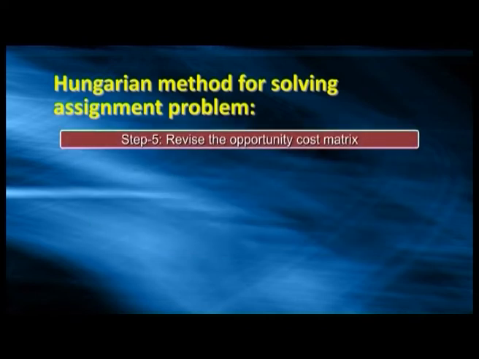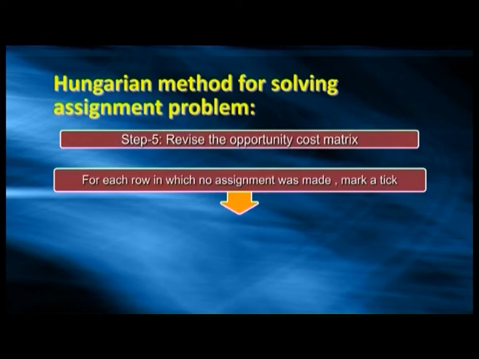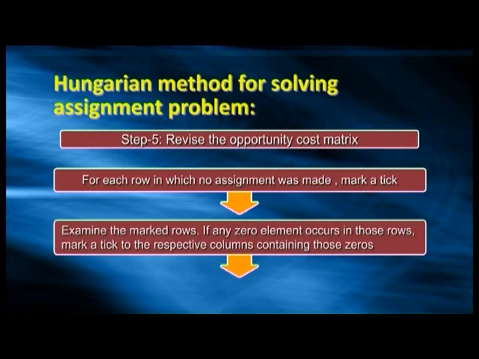Step 5. Revise the opportunity cost matrix. Draw a set of horizontal and vertical lines to cover all the zeros in the revised cost matrix obtained from step 3 by using the following procedure. For each row in which no assignment was made, mark a tick. Examine the marked rows.